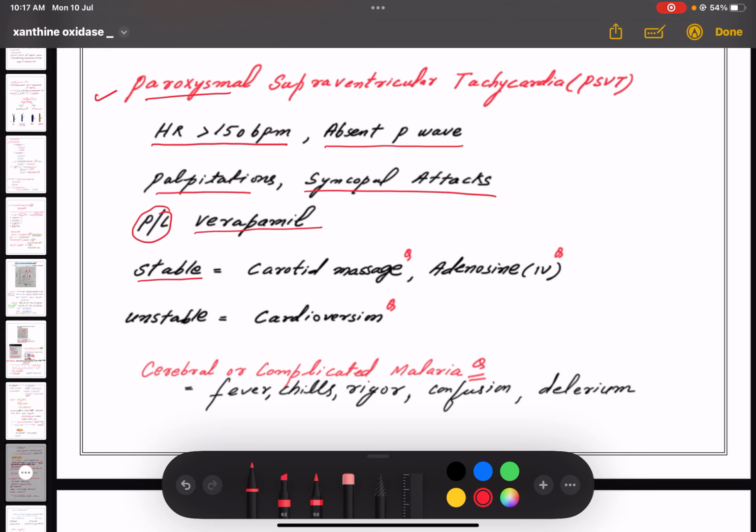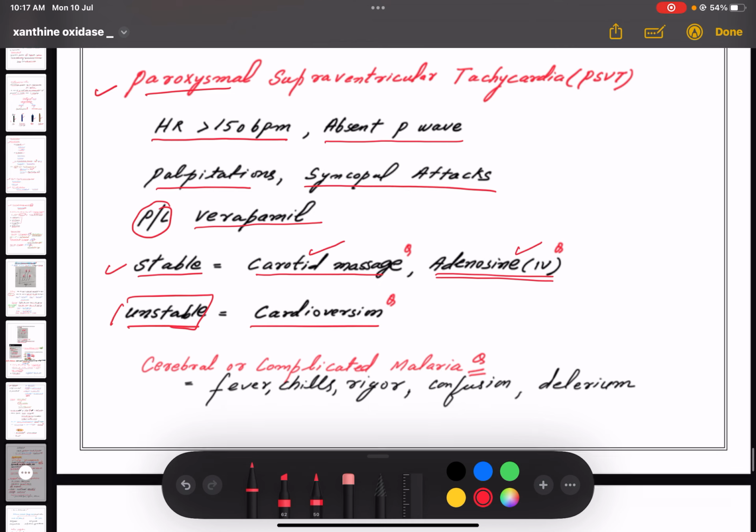Now the patient is stable, you can do carotid massage, or you can give IV adenosine. IV adenosine is the drug of choice for stable patients. In MCQ, if you see carotid massage, mark that. If you see adenosine, mark that. For unstable patients, you need to do cardioversion, that is DC shock you have to give.